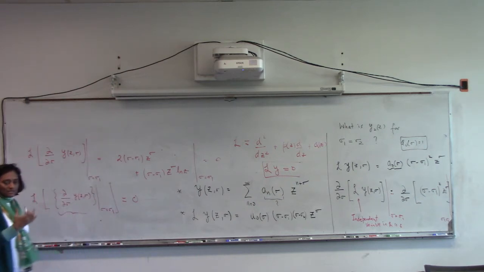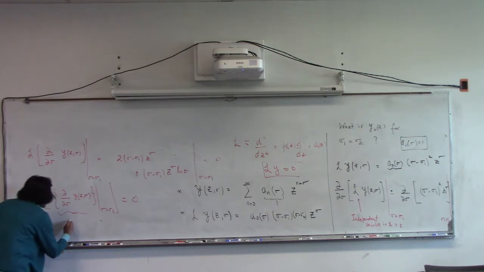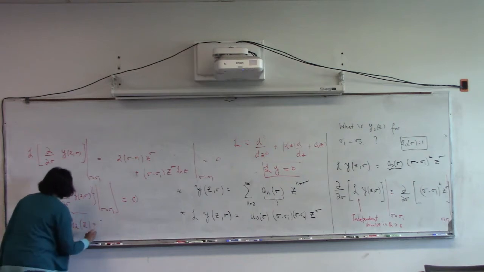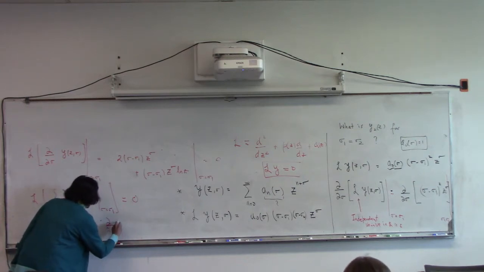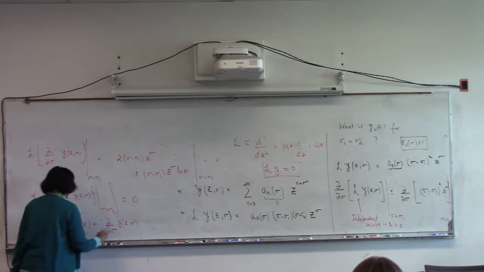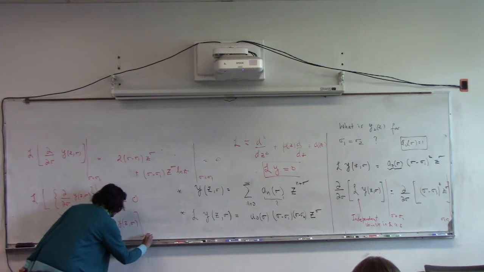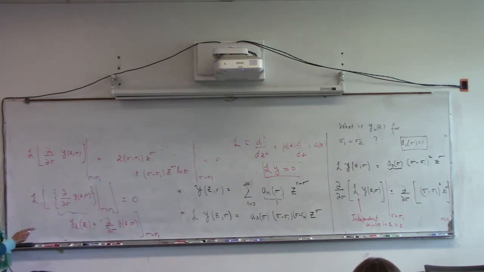So we have constructed a second linearly independent solution by this method. So y2(z) is nothing but this evaluated for sigma equal to sigma 1, which is your identical root.